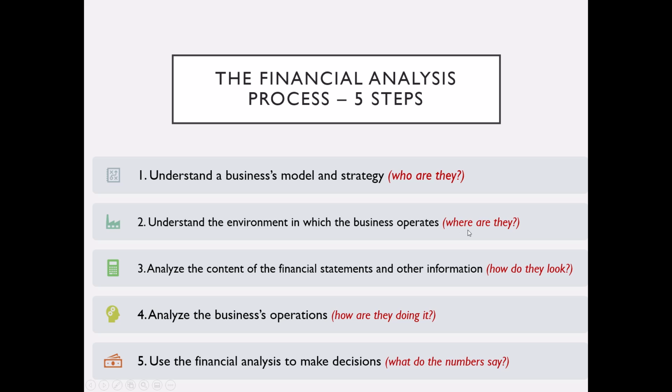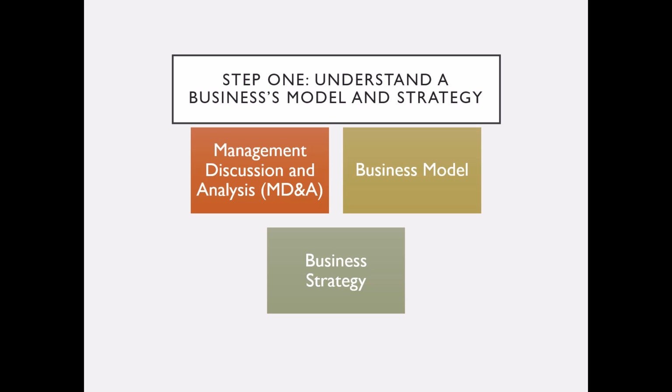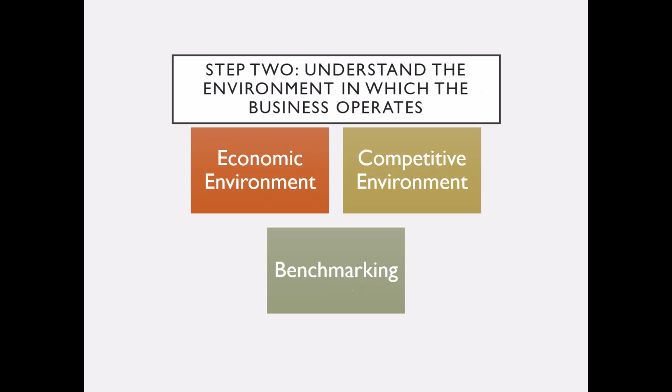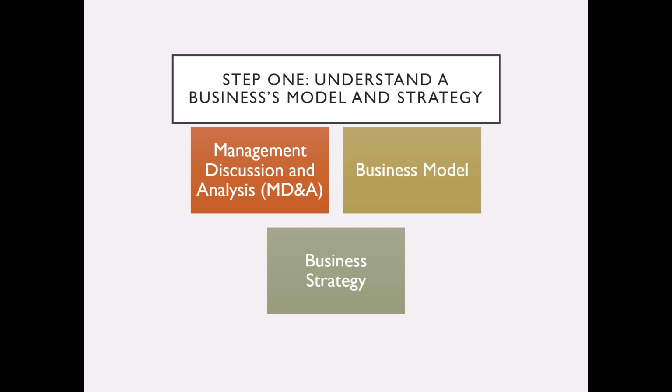What environment are they in? Who are their competitors? What kind of space are they operating in? How do they look on paper? How well are they doing at their operations, and what do their numbers say? So this is part of the analysis, and these are some of the steps: what's their business model, what's their business strategy?